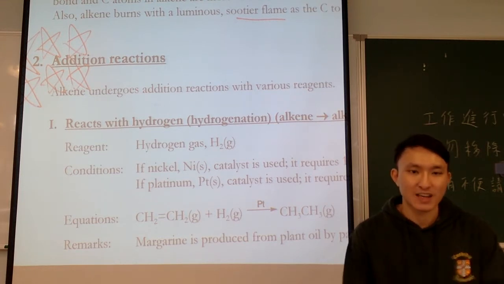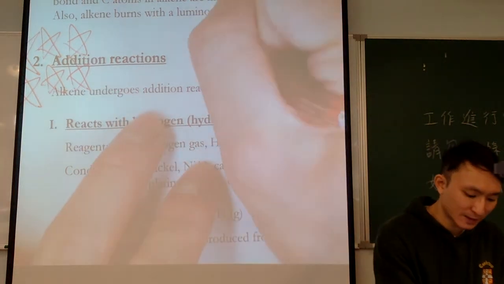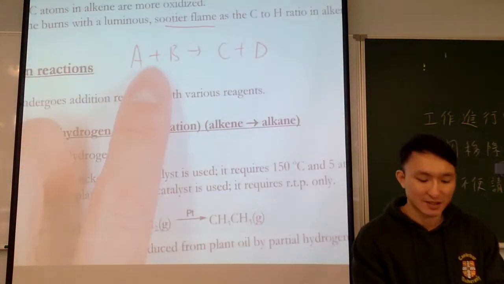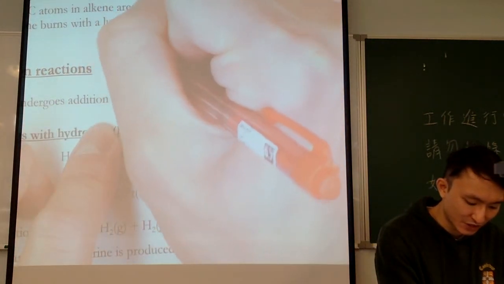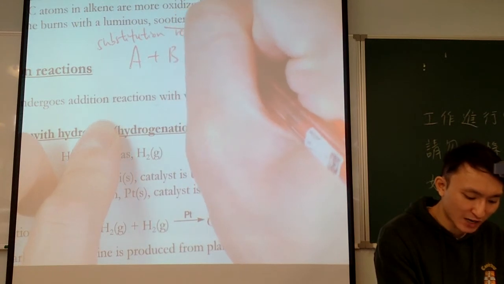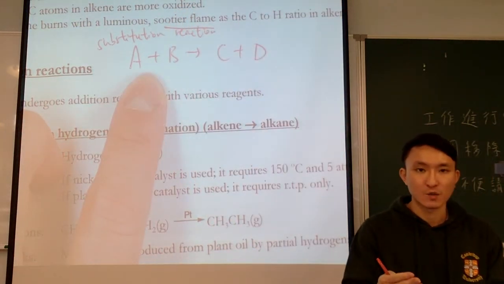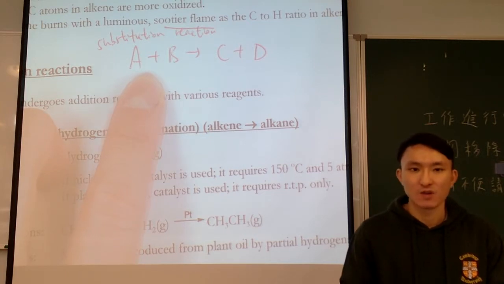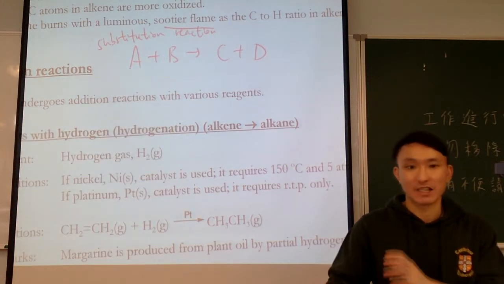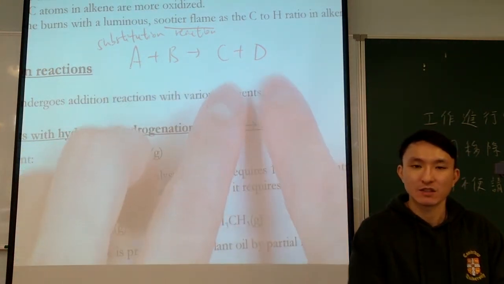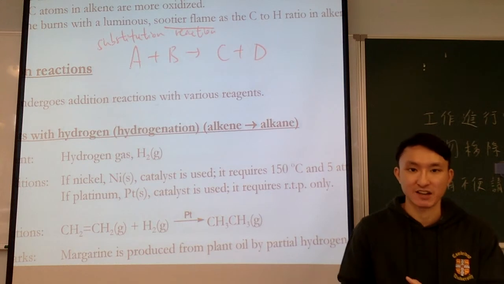So in a substitution reaction, you will expect to see A plus B forming C plus D. What we are trying to do here is to replace atoms or groups of atoms, so it's like exchanging atoms. Therefore, two reactants react and end up with two products because they're just exchanging parts of their structure.